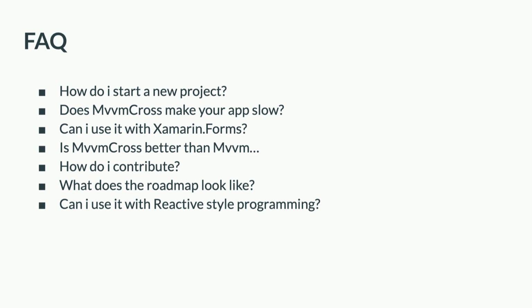For example, the linker will strip out any code that you don't use in your app, so it won't add to your app size. So MvvmCross doesn't make it slower or bigger. It's just the same as any other MVVM framework.